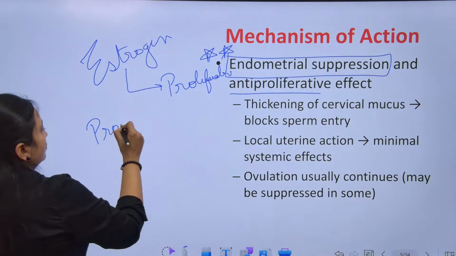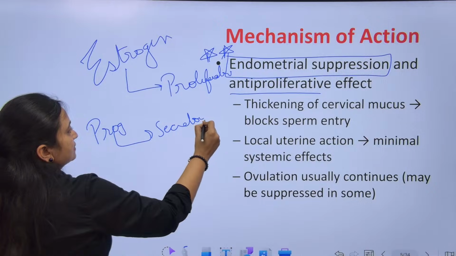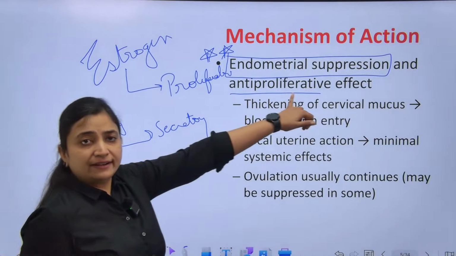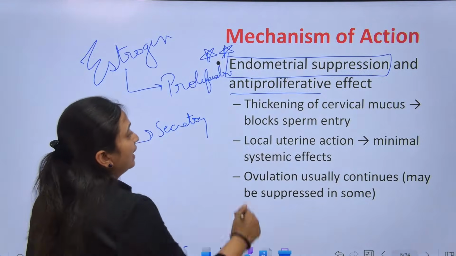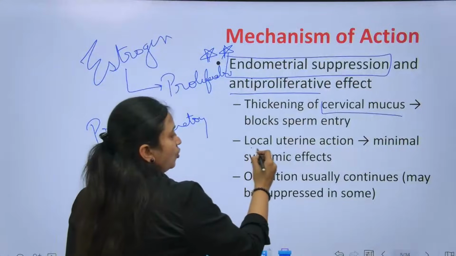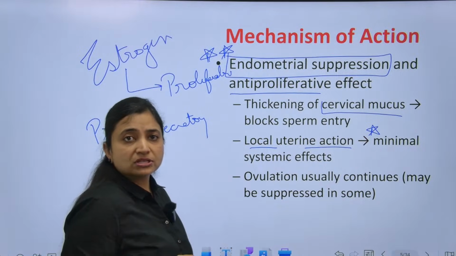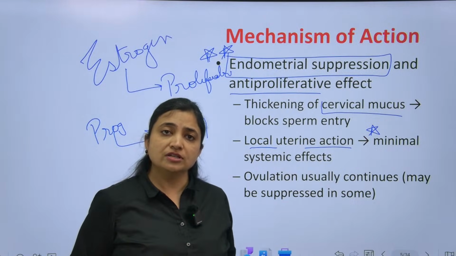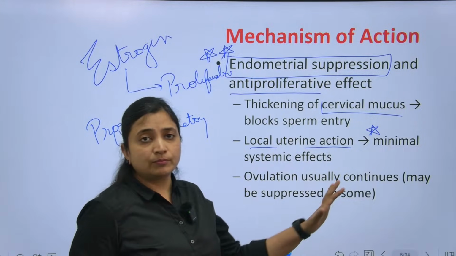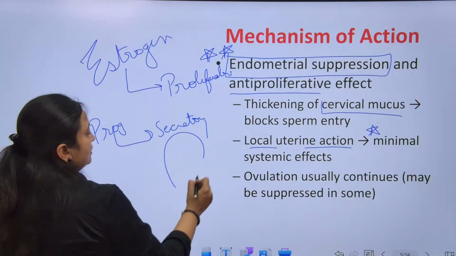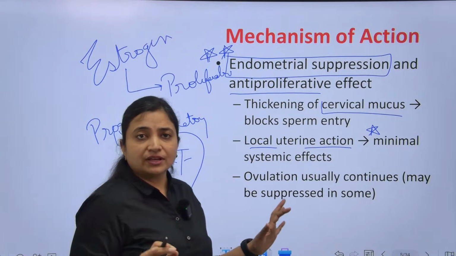Whereas progesterone has a secretory effect. It controls things. So because of the anti-proliferative action, it suppresses the endometrium. There is a local uterine action, so it has minimal side effects. So in those high-risk patients where oral hormones are contraindicated and may cause further trouble, this is very important, because it releases the progesterone inside the cavity and has minimal systemic effects.